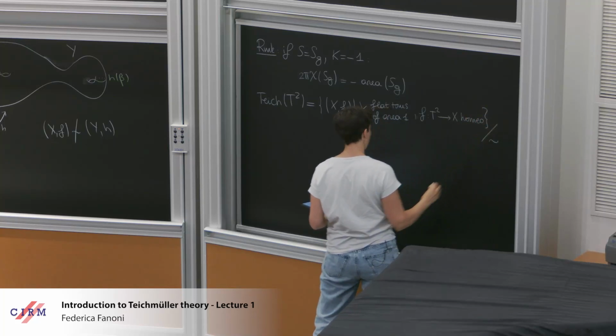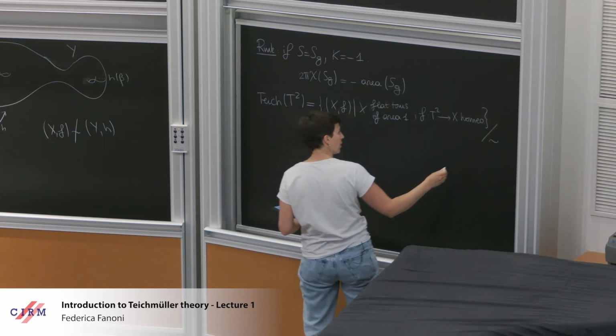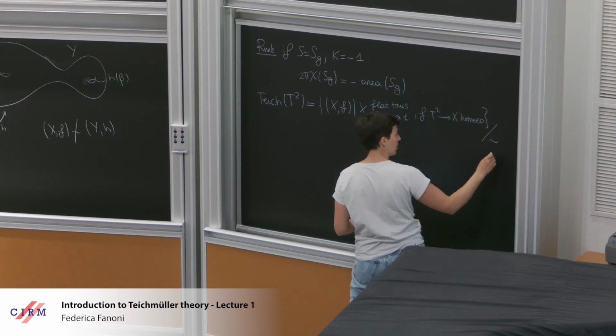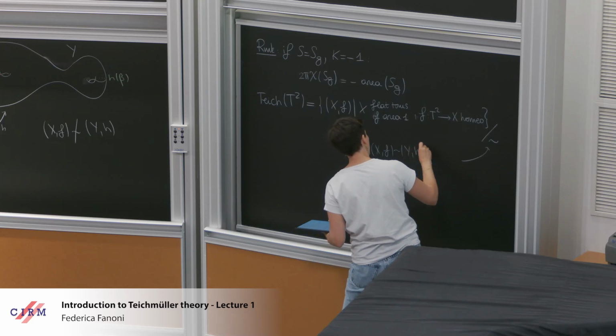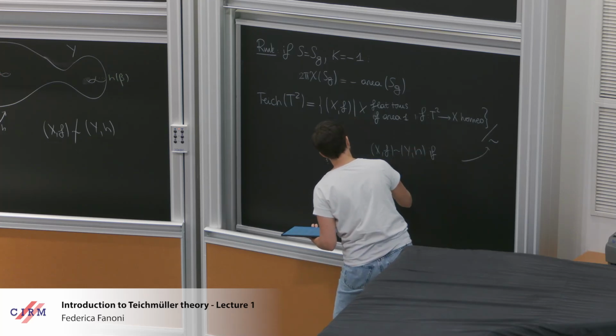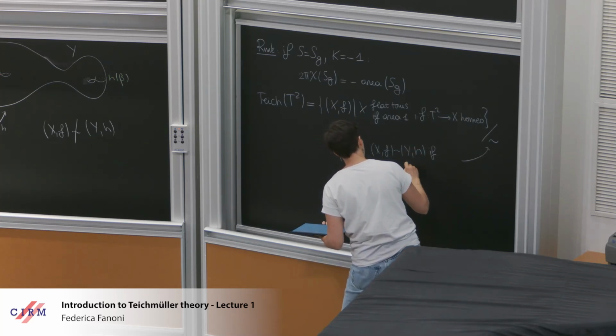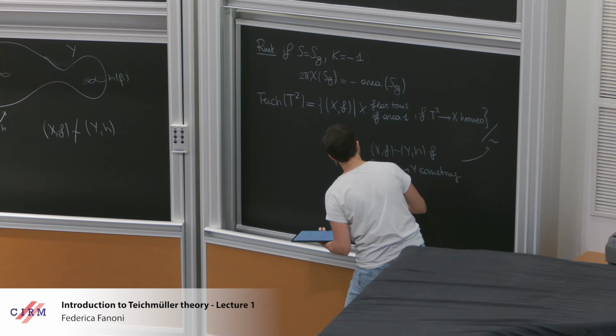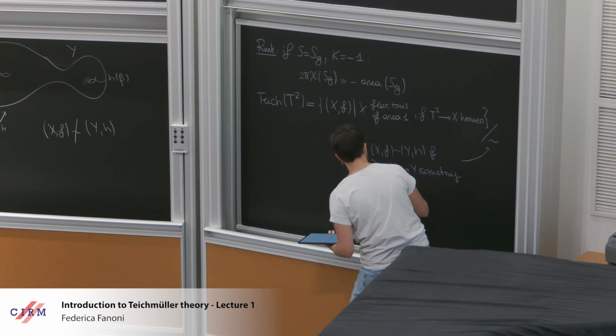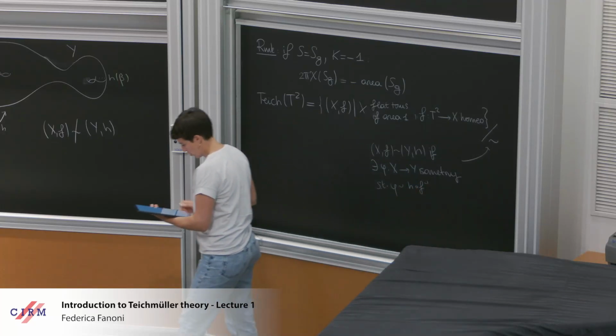And then the equivalence relation is the same. So here again, I have (X, f) is the same as (Y, h) if there exists phi from X to Y, an isometry, now an isometry of flat tori, such that phi is homotopic to h composed with f inverse.